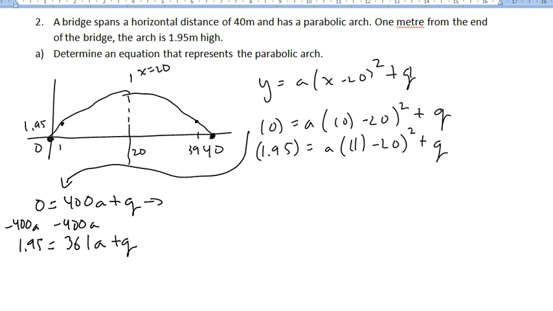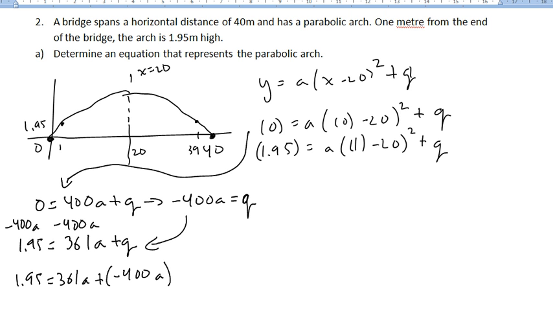And that's going to leave me with negative 400a equals q. Substitute it into there. So I get 1.95 equals negative 39a.